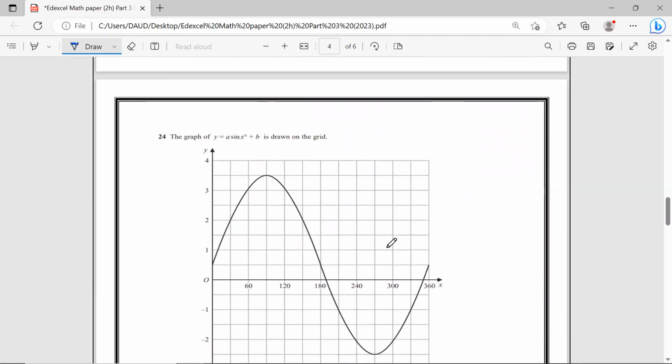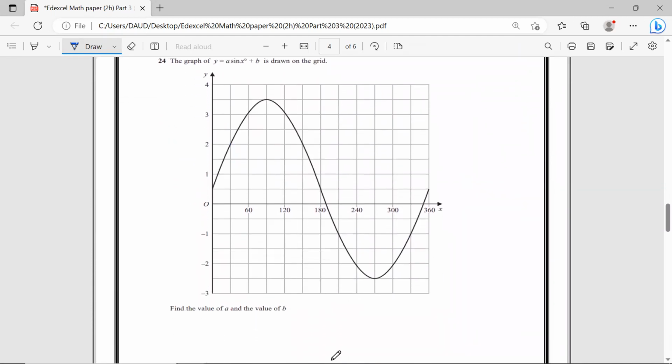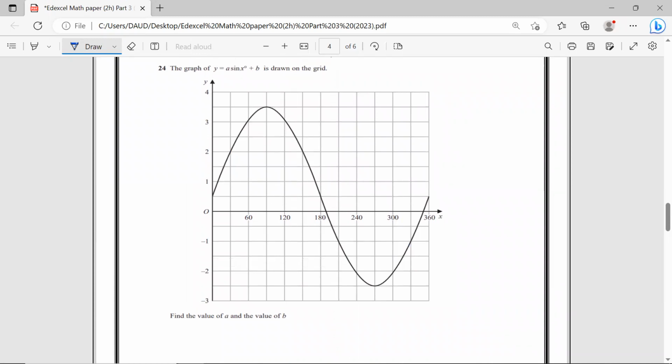Next question is 24. So if you check carefully, this curve relates with sine curve, and there are two transformations. One is stretch, and the second is plus b, that means translation along y-axis.